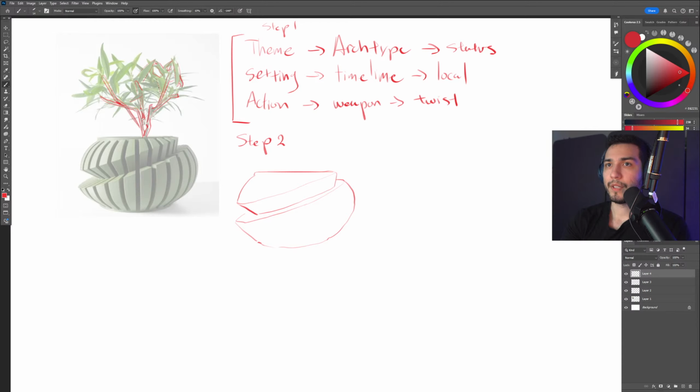So when we're thinking about all this stuff, we can really understand exactly what we're drawing, and pull from there, right? Now we can speed up this process.